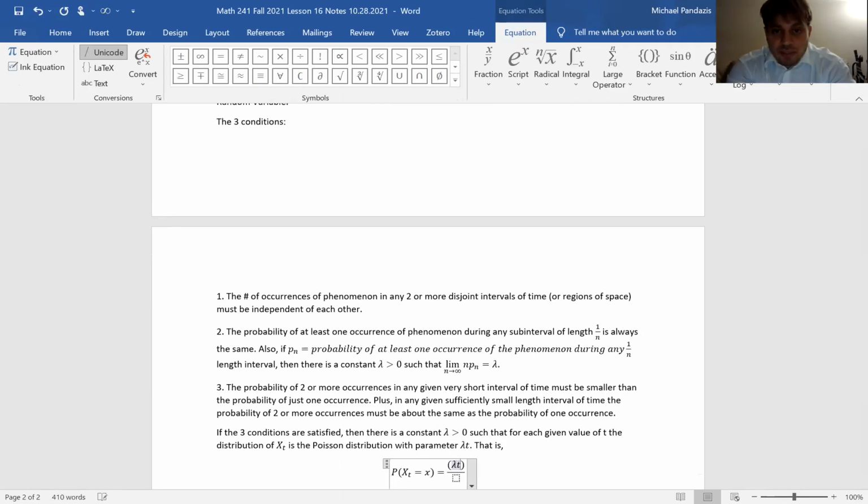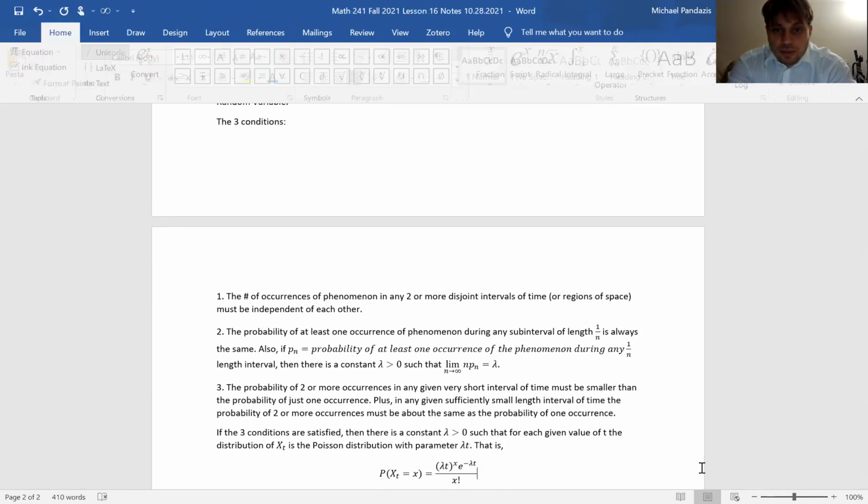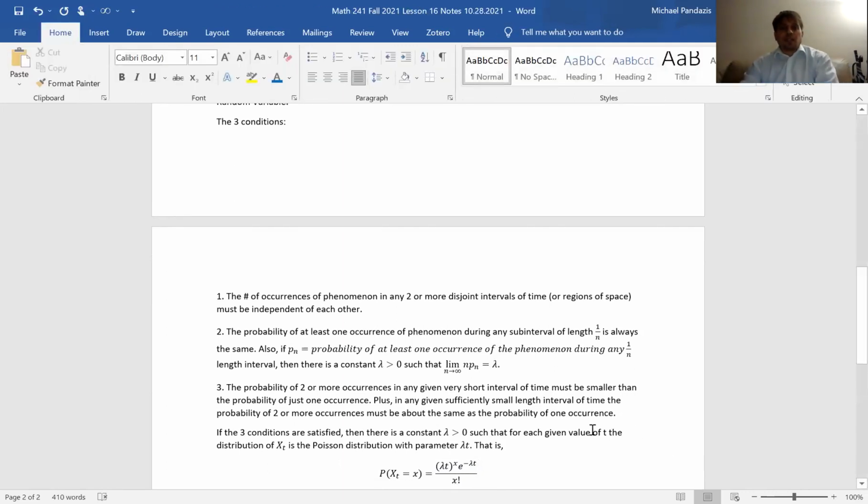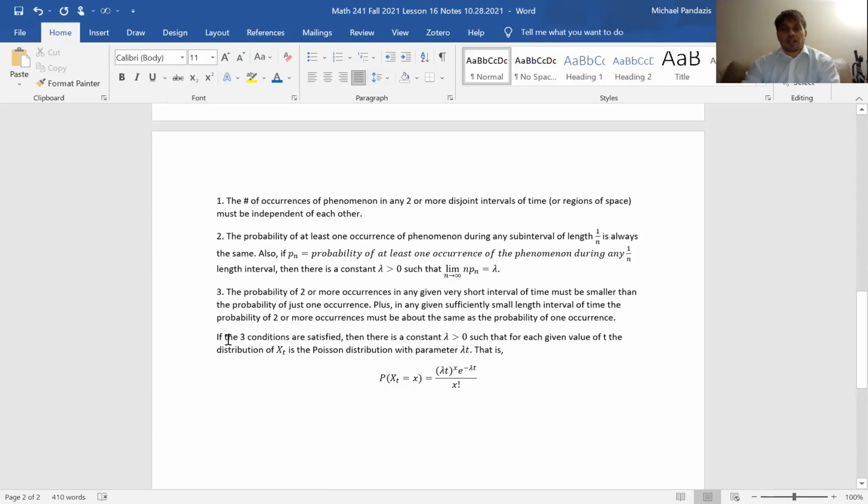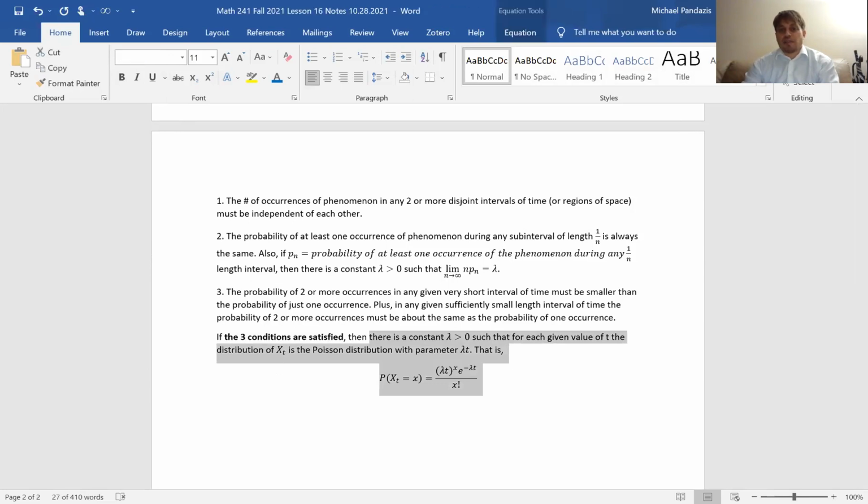So that means it's lambda t raised to the x times e raised to the negative lambda t divided by x factorial. Okay, so the conclusion is that if the three conditions are satisfied, then all this happens.